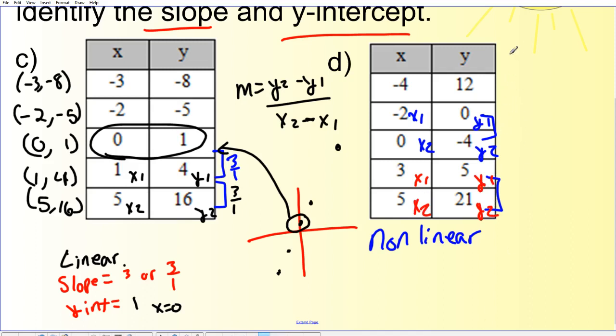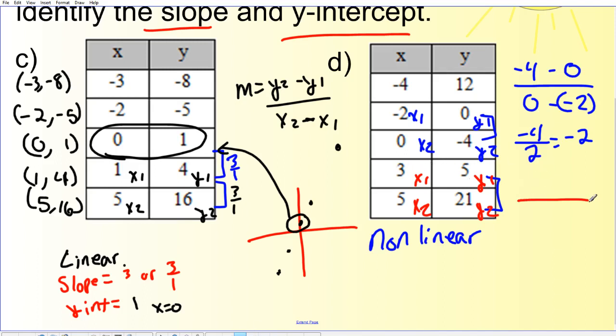So in blue, top one, I'm using this formula: y2 minus y1 over x2 minus x1. That gives me -4 over +2, which is a slope of -2. So right there, these guys have a slope of -2.